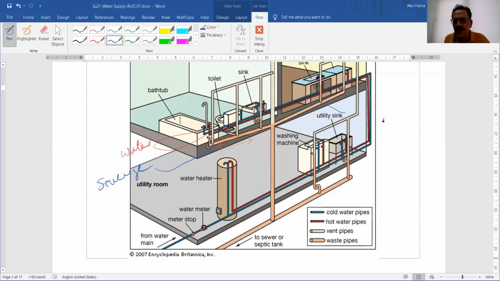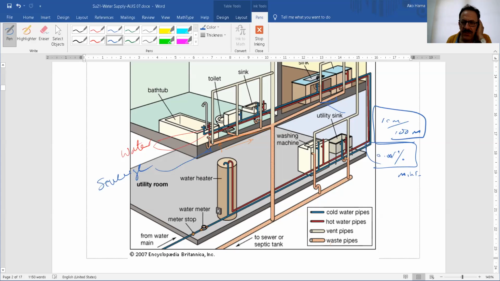The maximum slope for the houses will be 1 centimeter per 100 meters, which is 0.001, or 0.1 percent. So this is the minimum slope. Usually we have to have this kind of slope for the sewers.